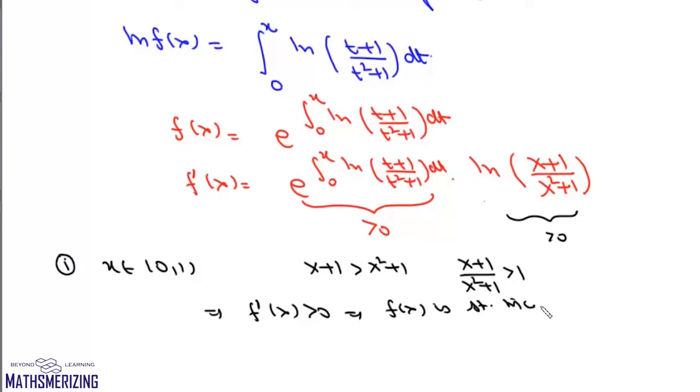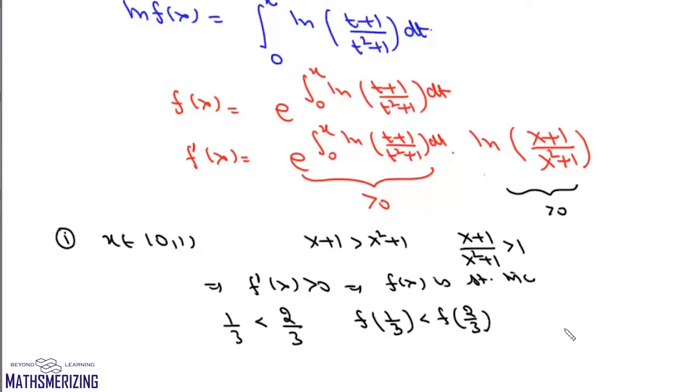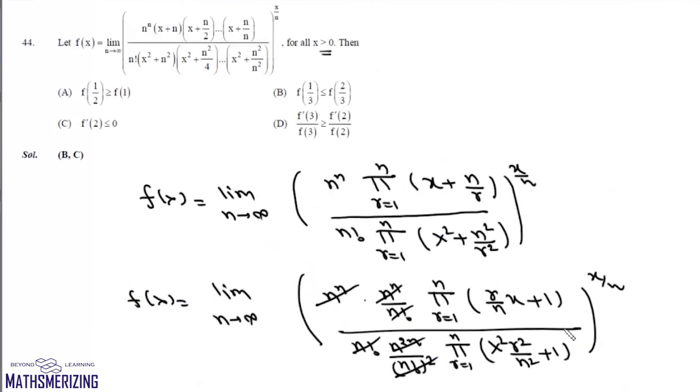And if f x is strictly increasing, then we know that 1 by 3 is less than 2 by 3, or f 1 by 3 will be less than f 2 by 3. That means this option B is correct. So one of the correct options is option B.